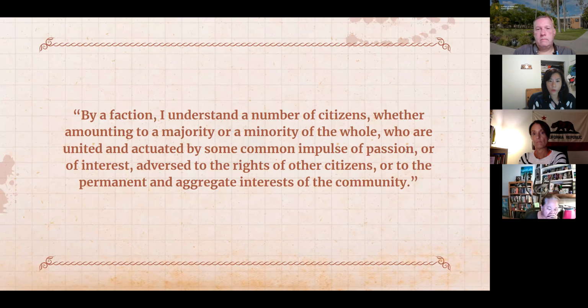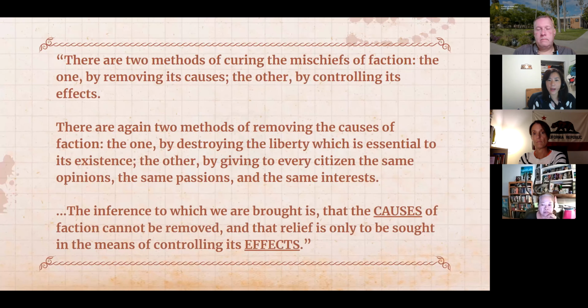Okay, and right after Madison defined faction, he proposed two potential solutions to control the problem of faction, this problem of majority rule overrunning the rights of minorities. One is to remove the cause of factions, and the other is to control the effects of factions. Then he explained there are two ways you could remove the cause of faction.